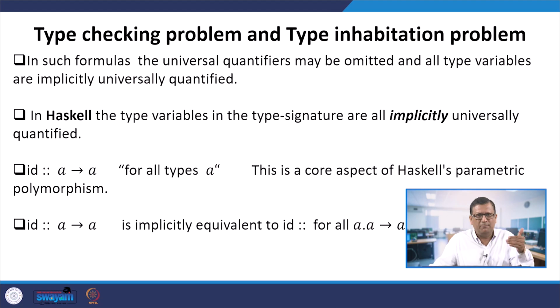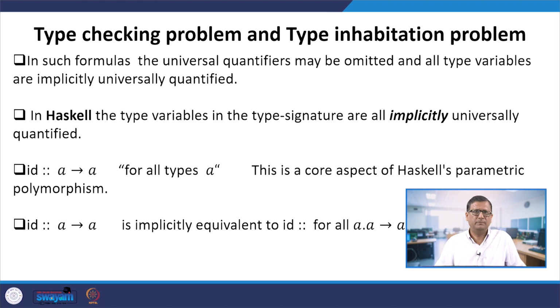It is implicitly equivalent to saying the signature of id is for all A, A arrow A. So now the language is in between System F and the language of TL lambda, and this results in a practical type system, where we address polymorphism in an implicit manner, in a functional programming language.